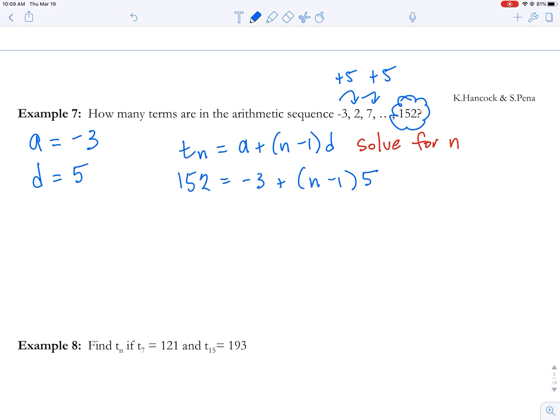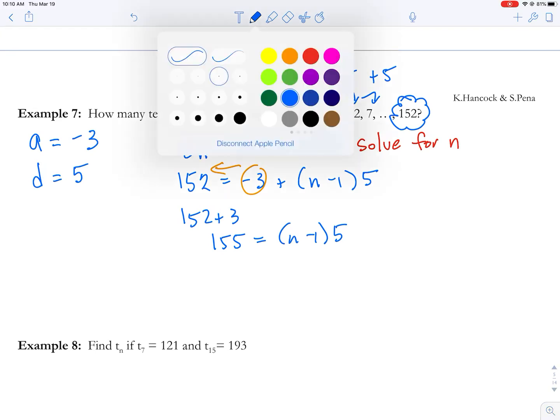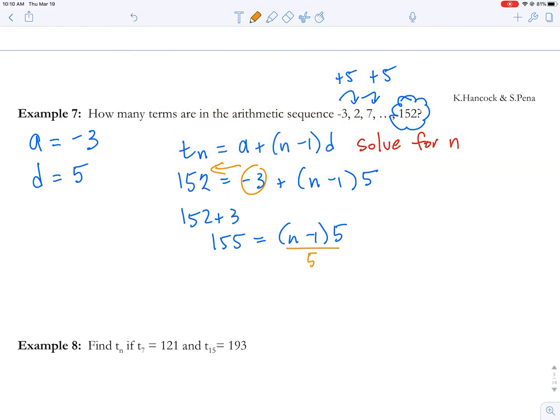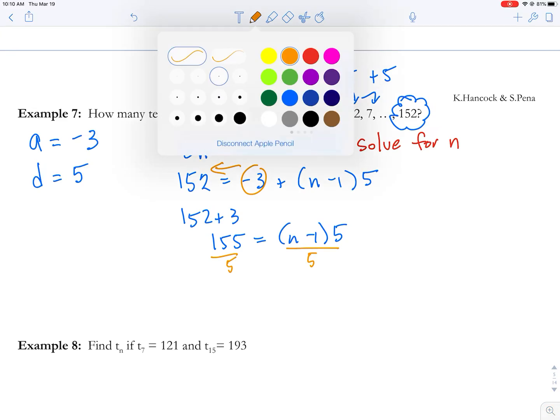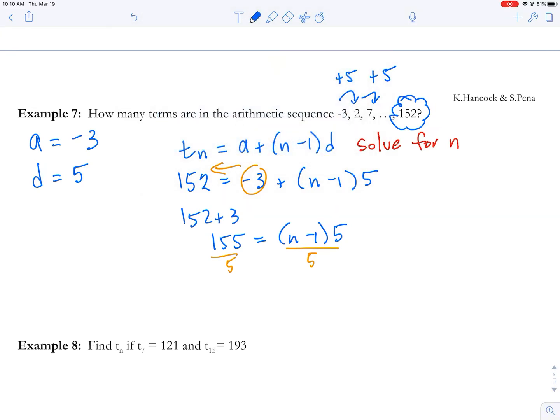So the first thing I'm going to do if I want to get n by itself is move the -3 to the other side. So I get 152 plus 3, so 155 equals n minus 1 times 5. The next thing I'm going to do is divide both sides by 5. Bear with me while I use my calculator. 155 divided by 5.